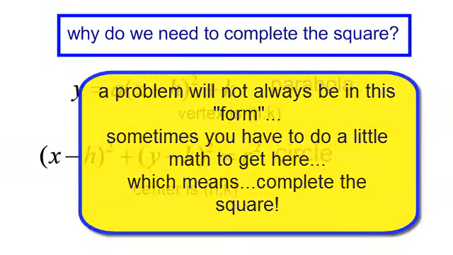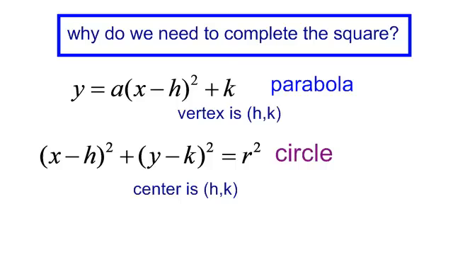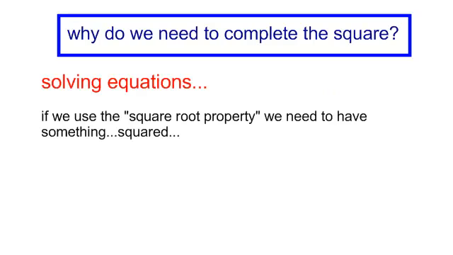There's another reason we need to know how to complete the square. In solving equations, we can solve equations by using the square root property. But in order to use a square root property, we have to have something squared. In this case, we have x squared equals 49. There's not an x to the first. So it's pretty simple. Y'all remember these?